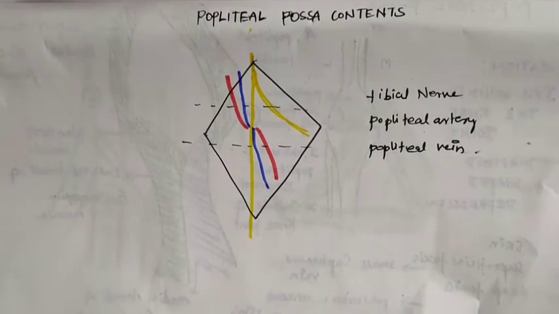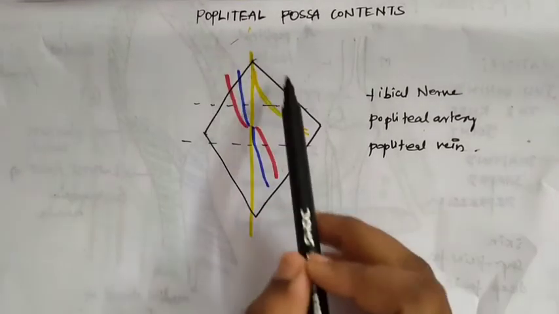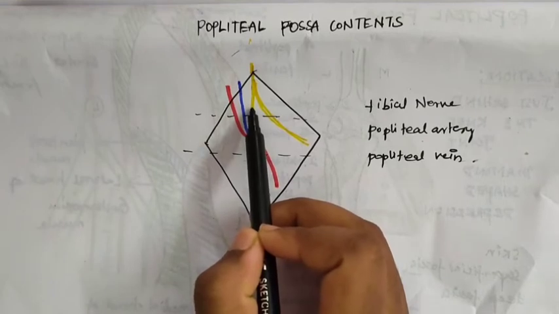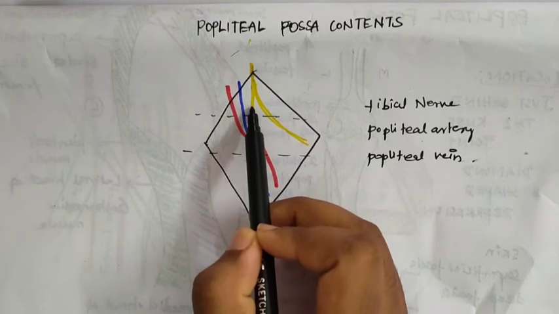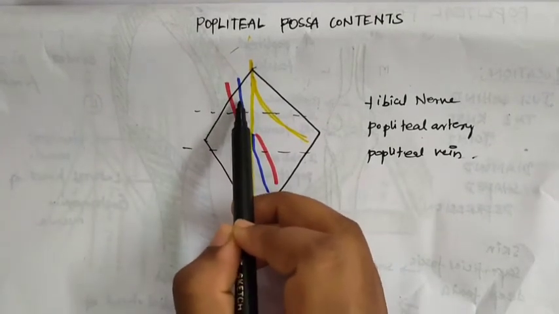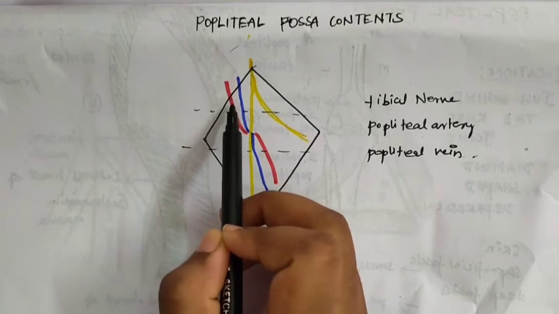In the upper portion of the popliteal fossa you can see that the tibial nerve is lateral, the middle is the popliteal vein and most medial is the popliteal artery.